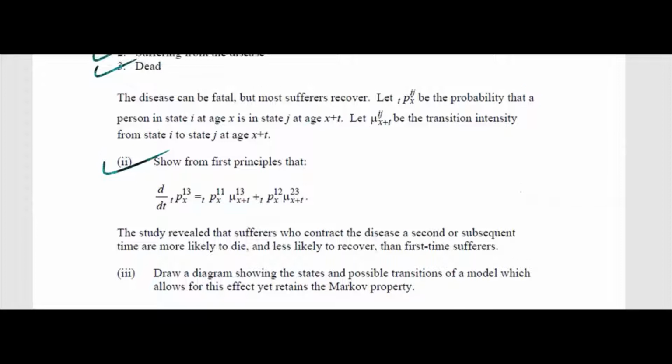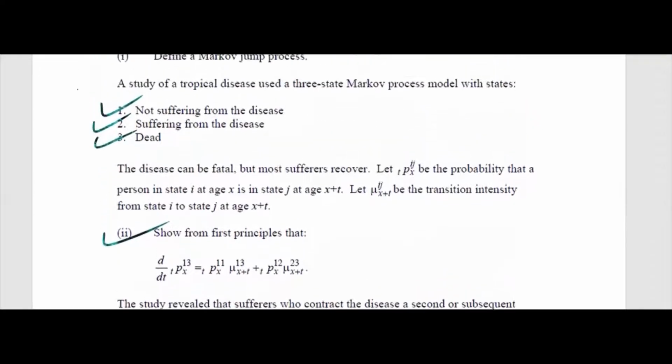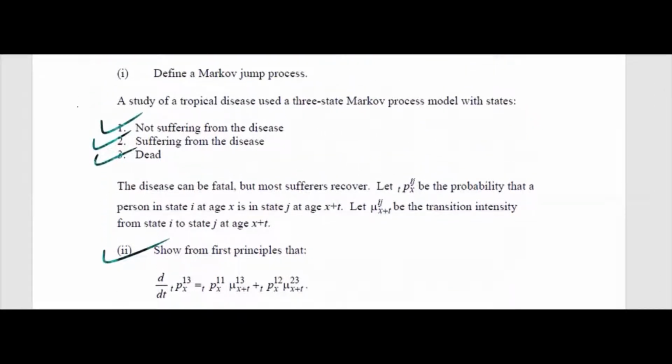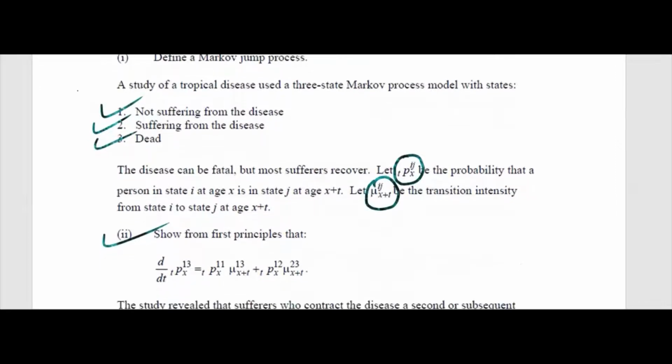If you check here, these are the probabilities and these are the transition intensities. Suppose this is state 1, active or not suffering from the disease, and state 2 is suffering from the disease, and the last one is the dead state.